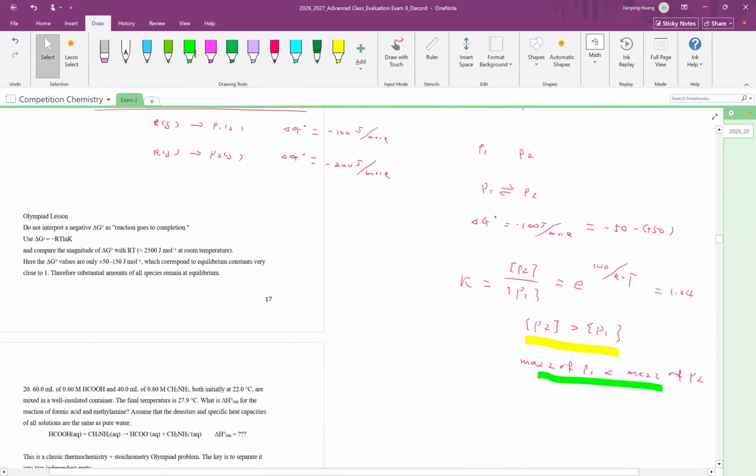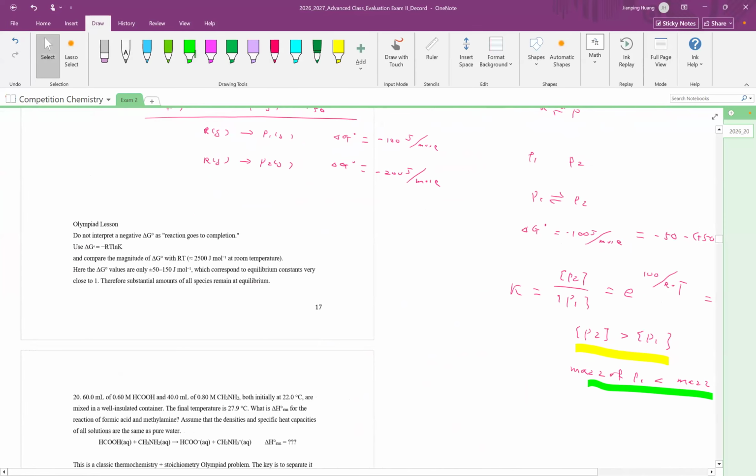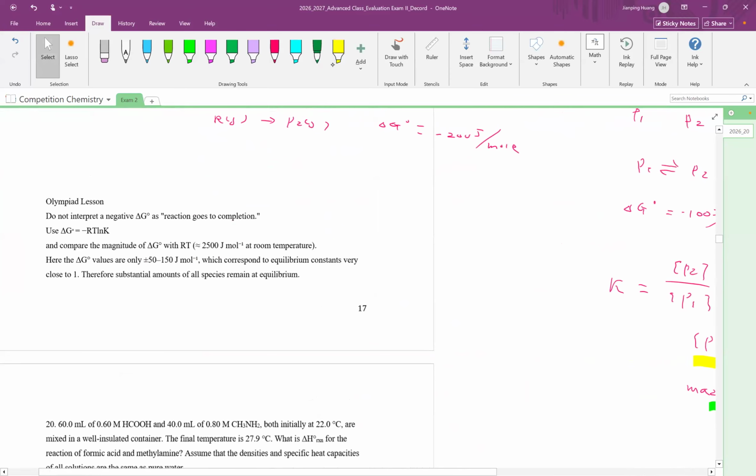Okay, now let's look at what's the learning point here. The learning point is that delta G negative does not mean it's complete. So we use this one to calculate the rate constant. And we can compare the delta G, such as this one. Compare the magnitude of delta G with what?